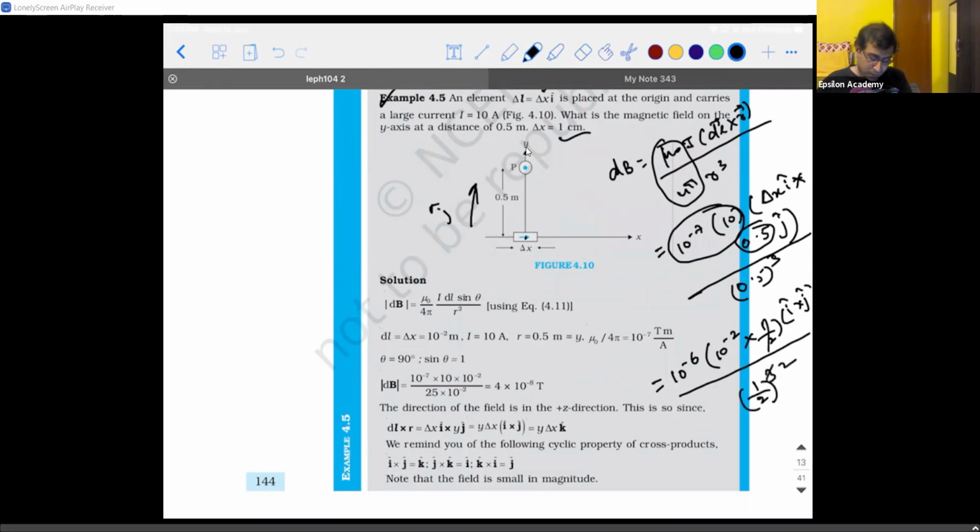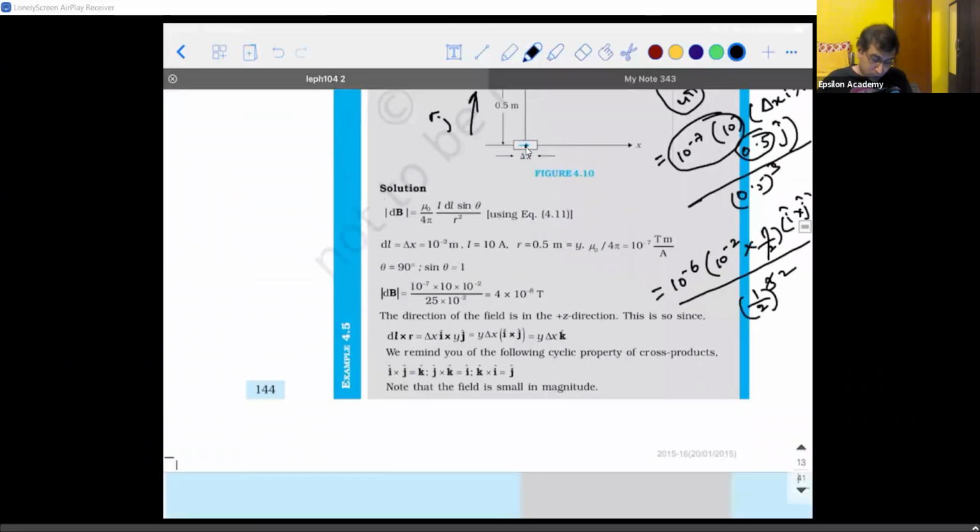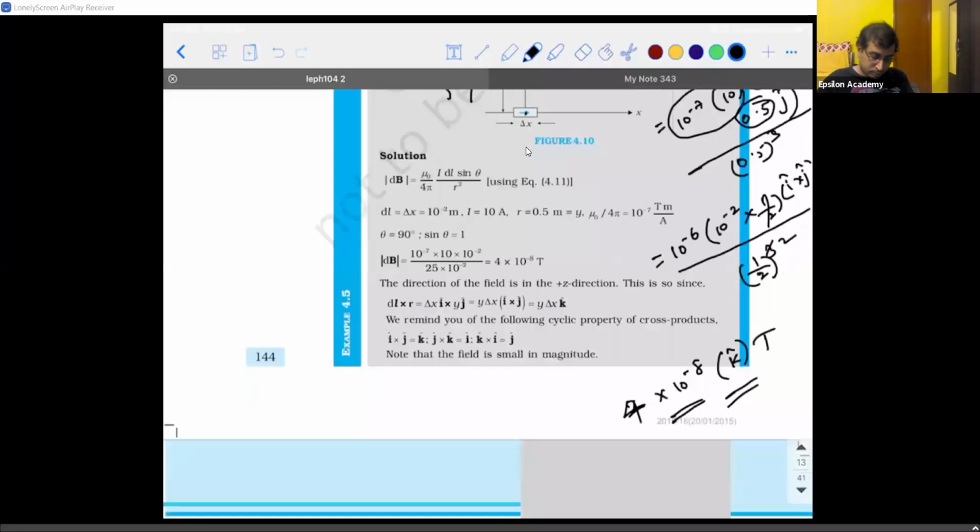So this and this will get cancelled. So it will be 4 into 10 power minus 8 into, what is I cross j? It is k cap. So 4 into 10 power minus 8 Tesla is going to act in the direction of the positive z axis.